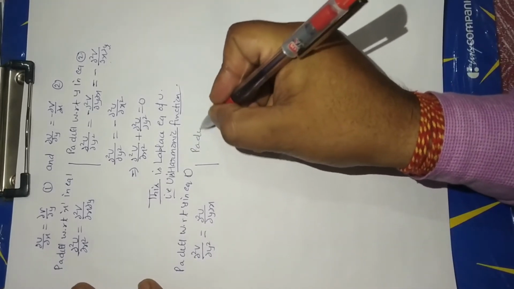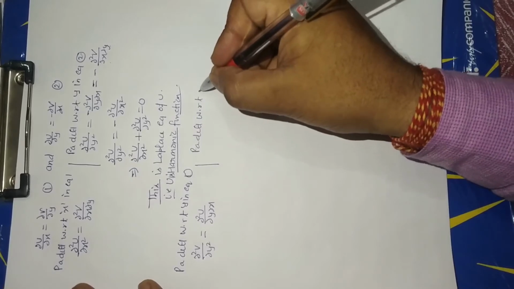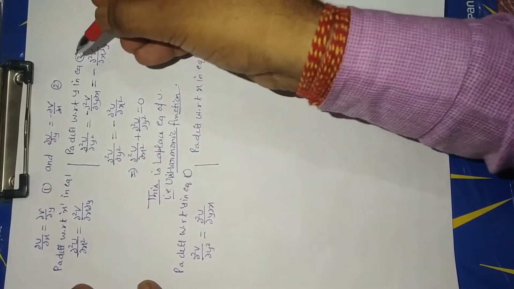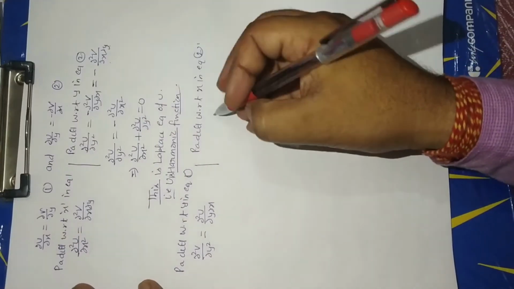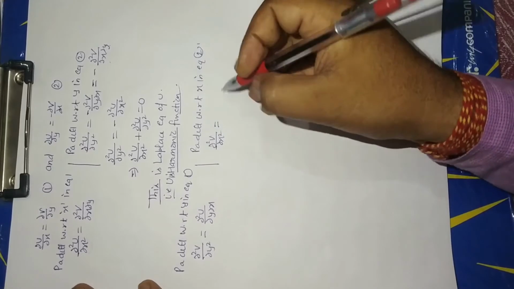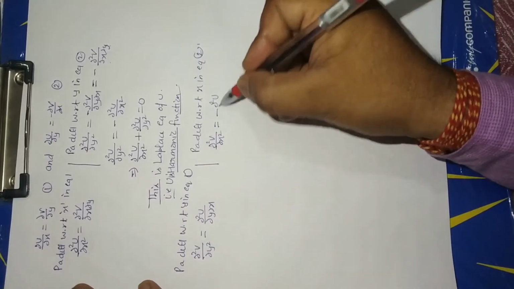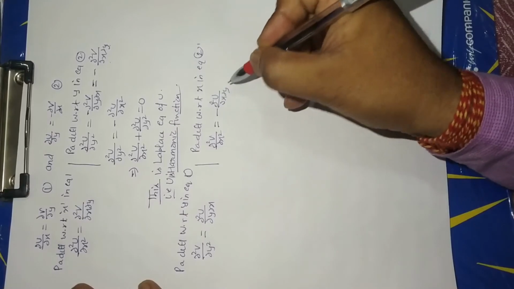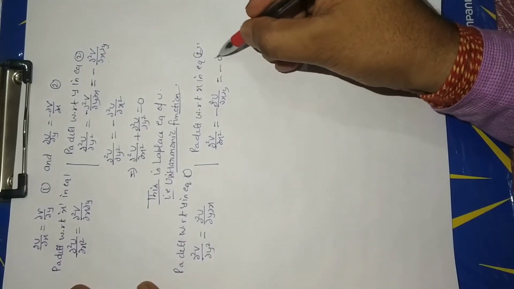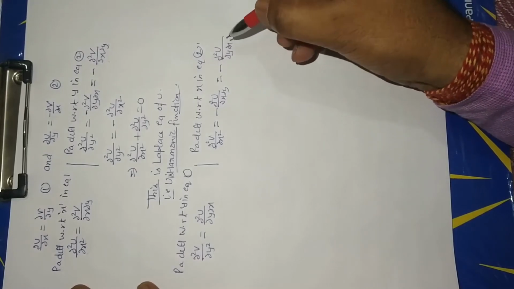Similarly, partial differentiation with respect to x in equation number 2: del 2v upon del x2 equals minus del 2u upon del x del y, which can be written as minus del 2u upon del y del x.